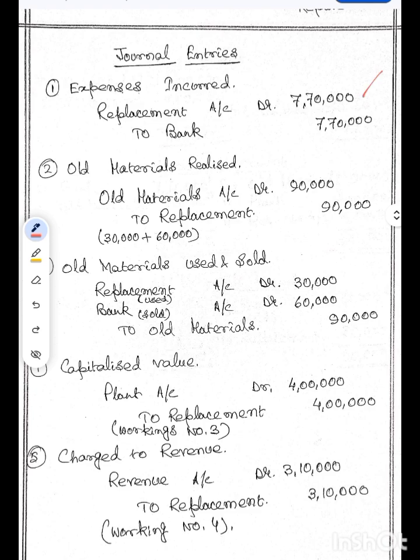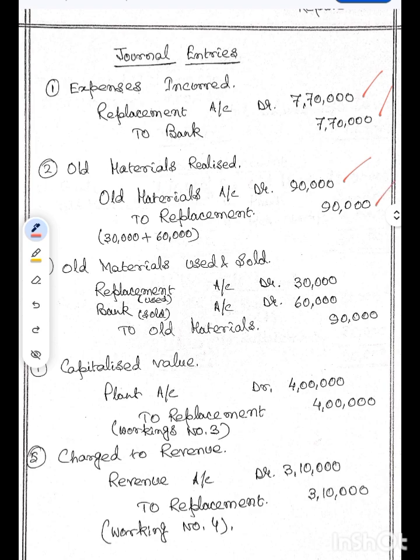So replacement account debit to bank is 7,70,000. Next, there are old materials realized. Here old materials realized is 90,000, 30,000 plus 60,000 equal to 90,000, and old materials account debit to replacement 90,000.